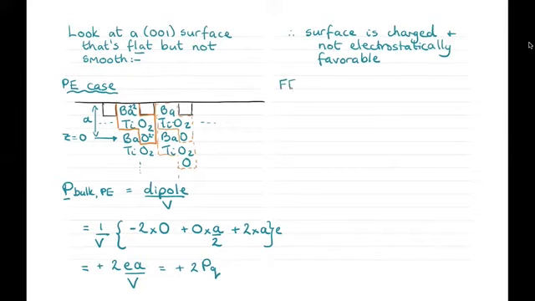If we were to look at the ferroelectric case now, then just as before, the bulk polarization for the ferroelectric case is this +2 polarization quanta plus the spontaneous polarization that arises in the transition from the paraelectric to the ferroelectric structure.